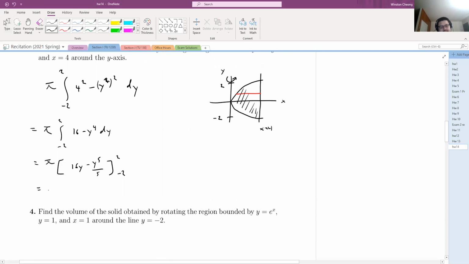You can plug this into a calculator, or compute it by hand, but it's a bit of a bother. You'll get 128 over 5 minus -128 over 5, so you end up doubling them up. You get 256 over 5 pi.